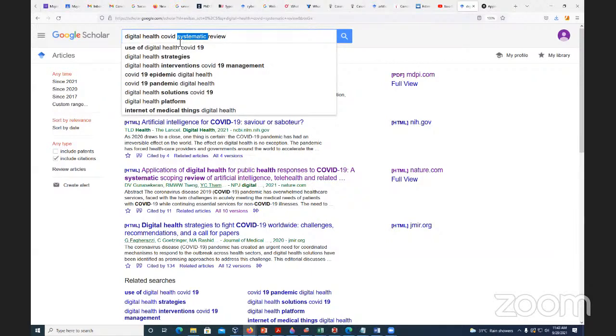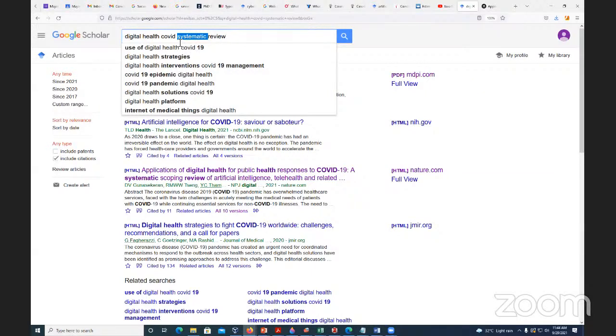You're correct. The difference between a review, which is what you're doing for your third class assignment, and a systematic review is that a systematic review has a set of search criteria that is attempting to do a comprehensive search on online databases.